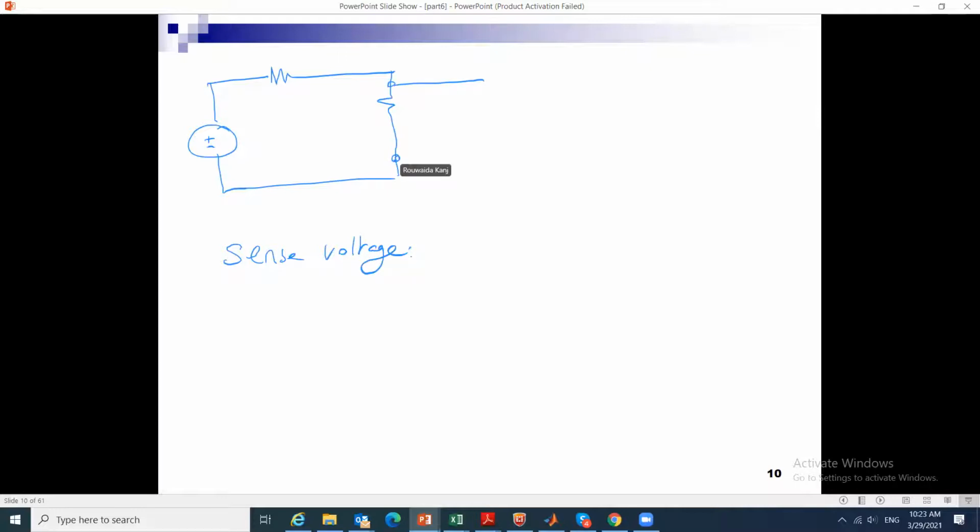I connect across it. What do we call this? Voltmeter, in parallel. Okay. And let us start to write the table here on the side.